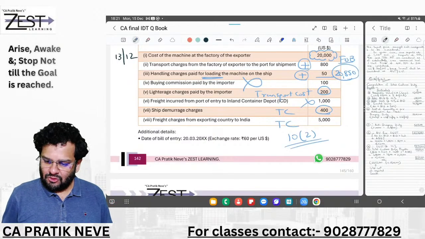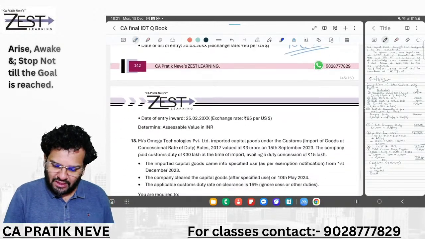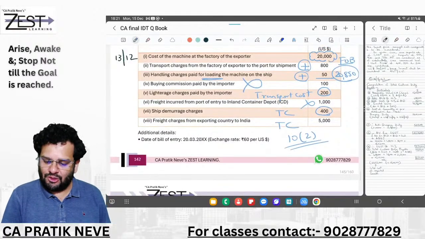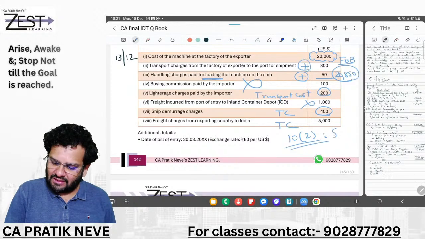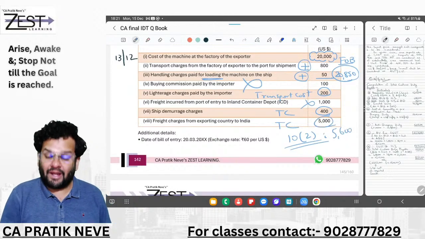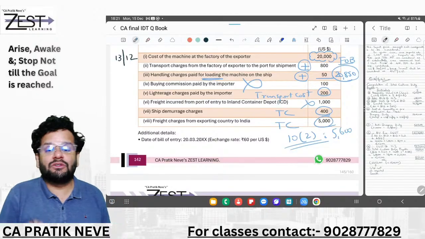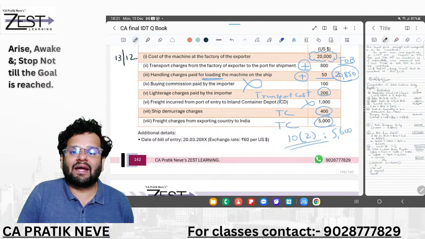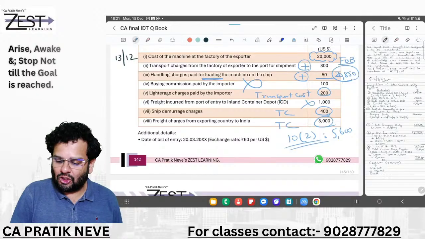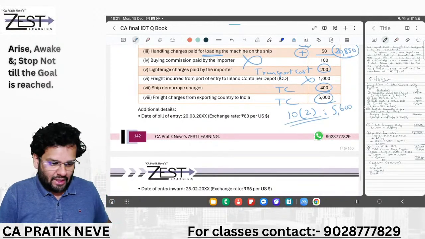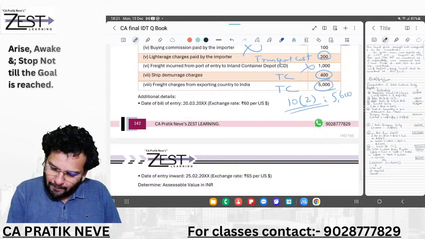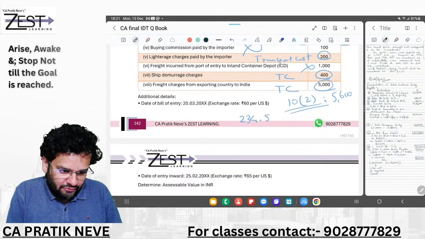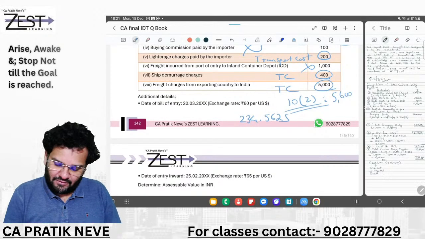Clear? So friends, 20,850 is your FOB value. Transport cost is 5,600. See this, what I have circled, add it. Insurance is not given, so you will take it at 1.125% of FOB. So calculate now: 20,850 into 1.125% is 234.5625.